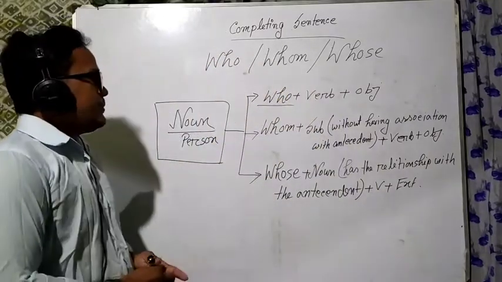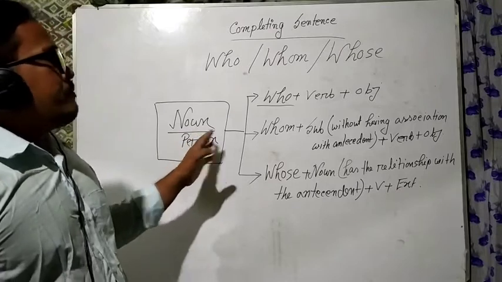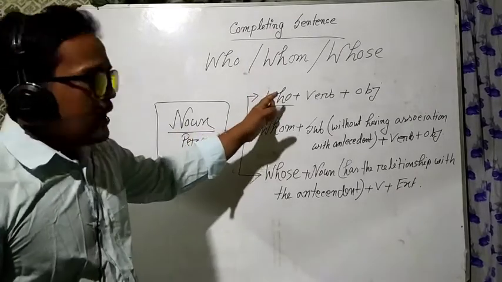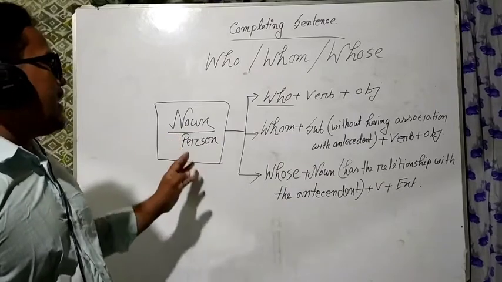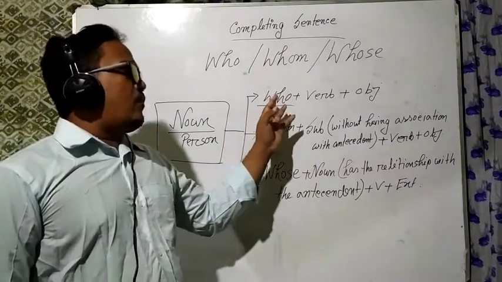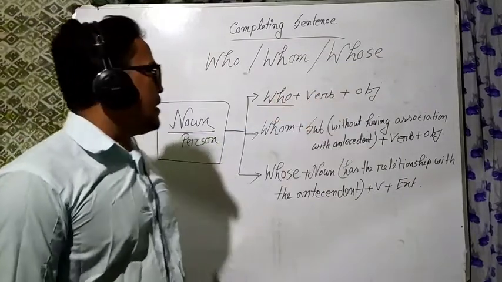So we can say before the relative pronoun there is an antecedent, and after that while we use who we have to use verb plus object.